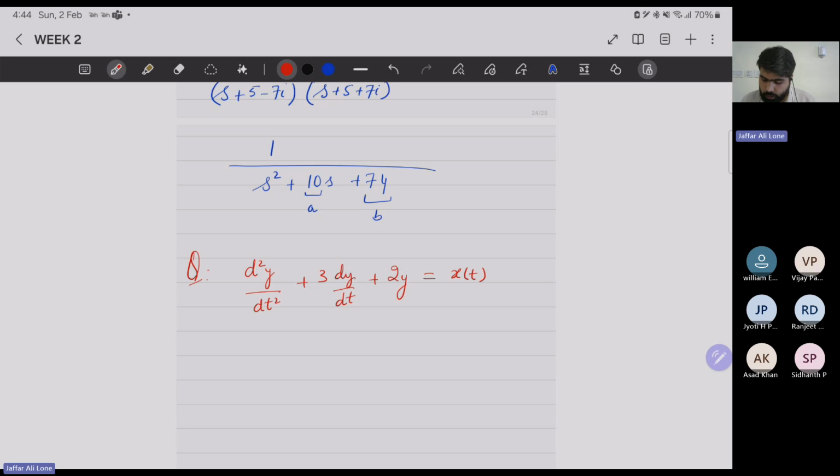It is given in the question that the system is initially at rest. The question is, for input x(t) equal to 2u(t), the output y(t) is.